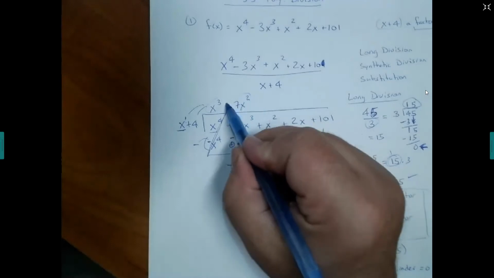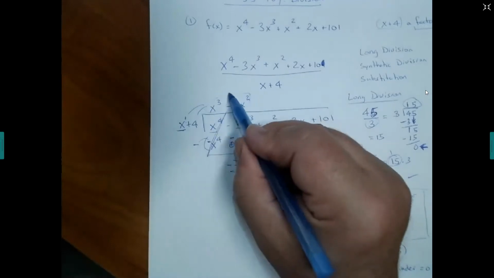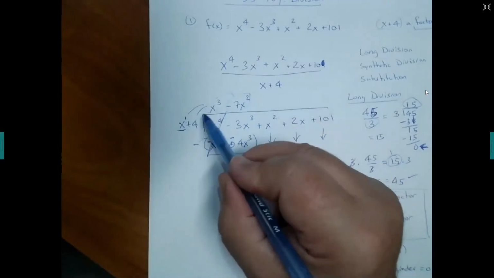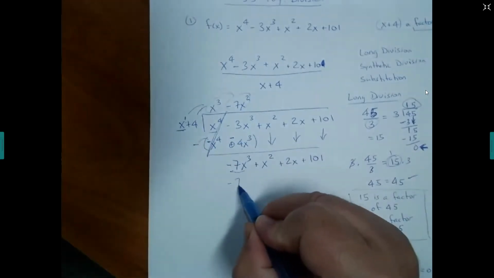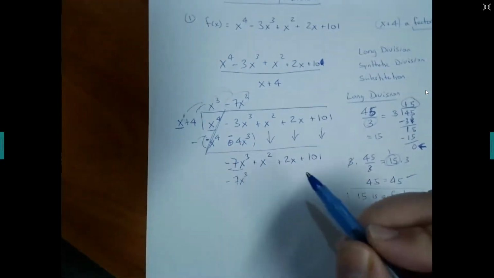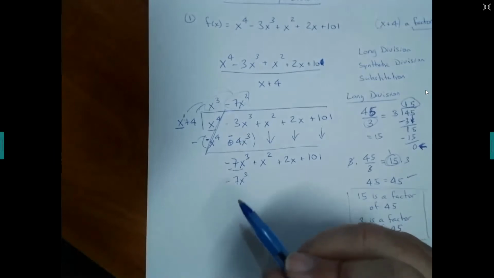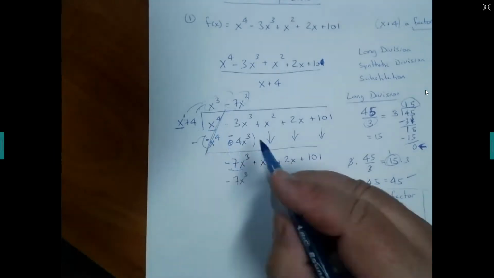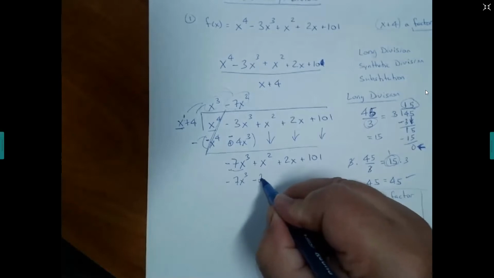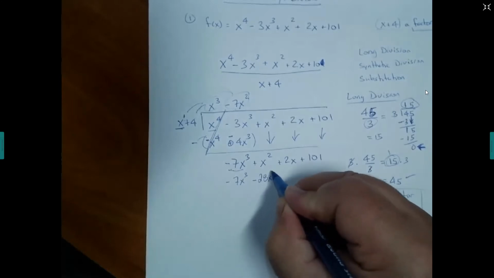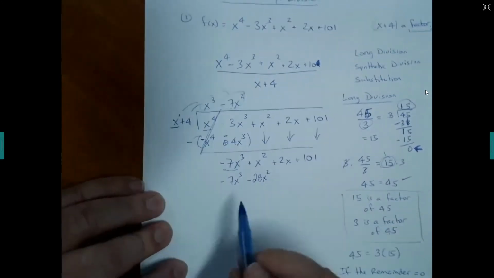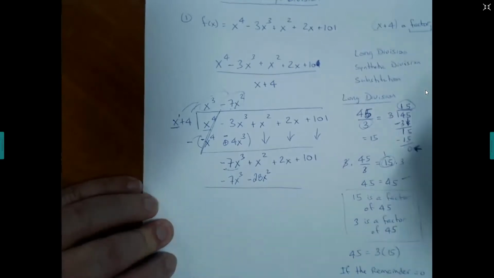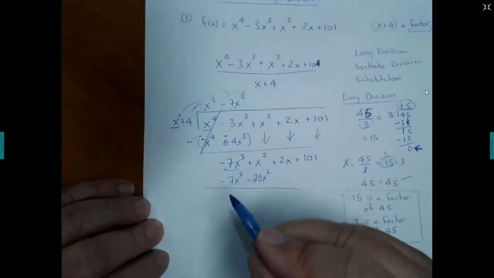So now I take this number, negative 7x squared, and multiply it to both of those. So negative 7x squared times x is negative 7x cubed. Negative 7 times positive 4 is positive 28x squared. What do I do with the signs next?